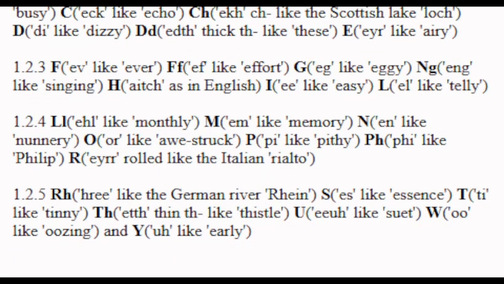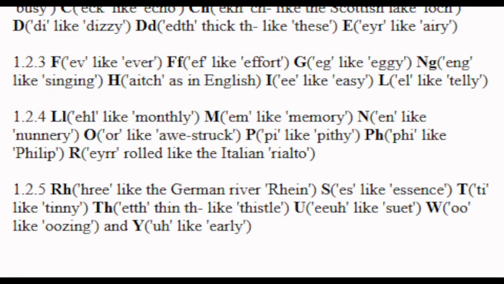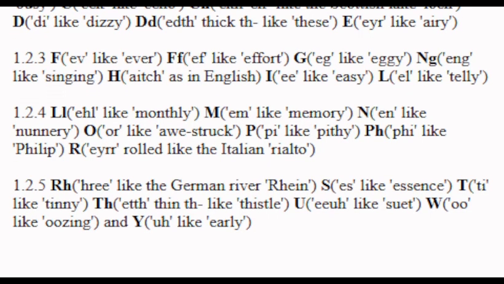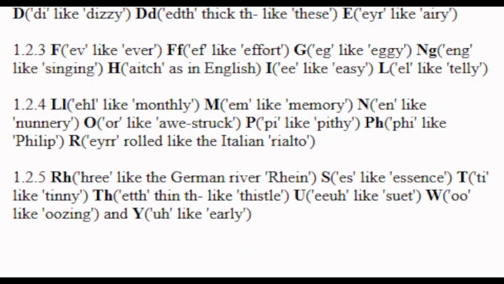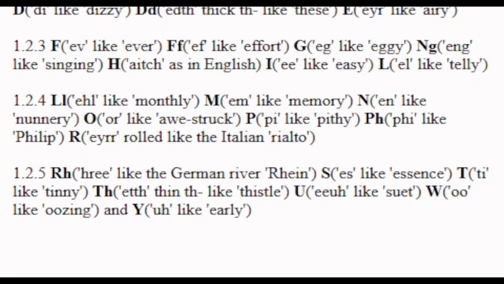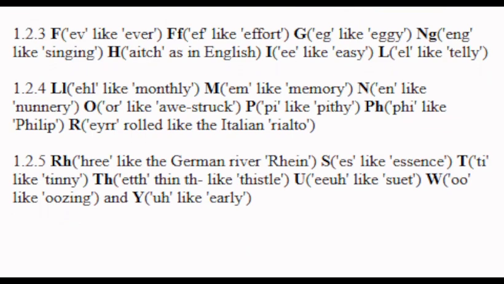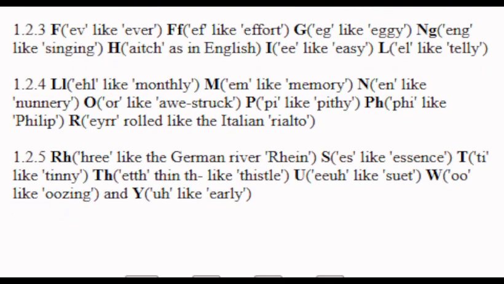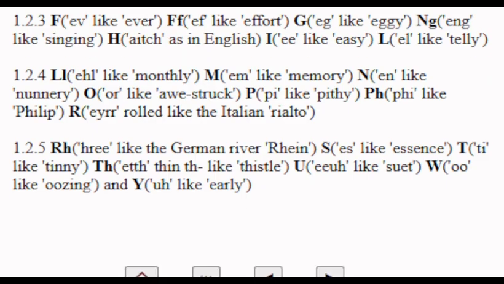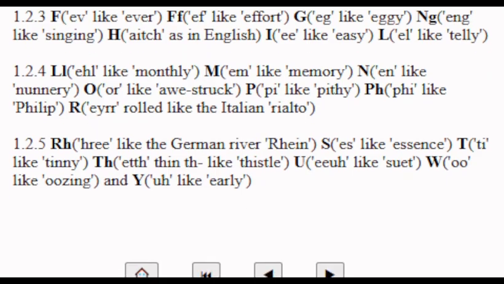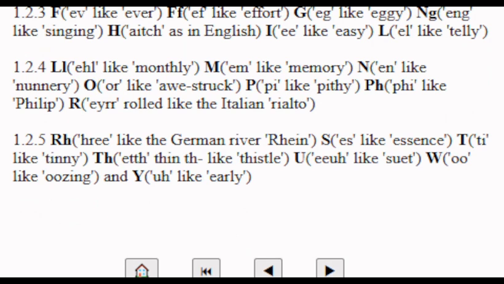The letter O is pronounced awe, like awestruck. The letter P is pronounced P, like pithy. The letter PH is pronounced fee, like Philip. The letter R is pronounced air, rolled like the Italian Rialto. The letter RH is pronounced G, like the German river Rhine.